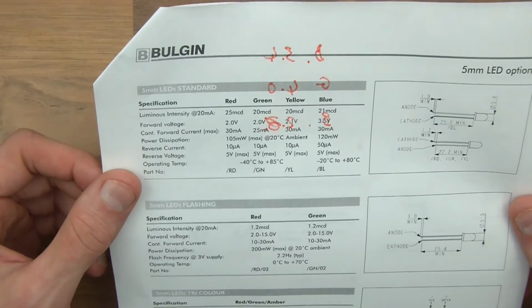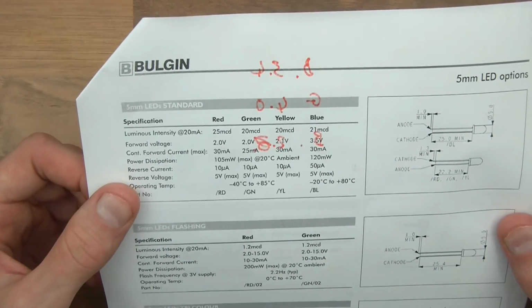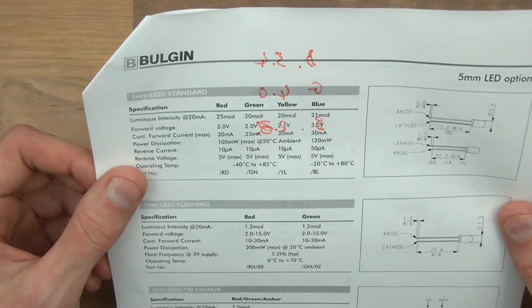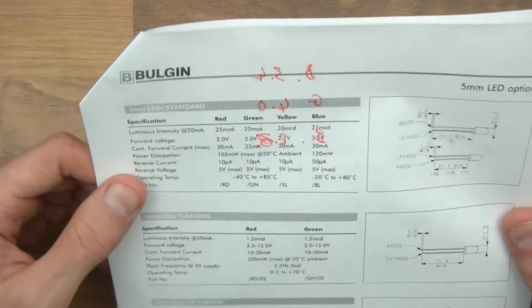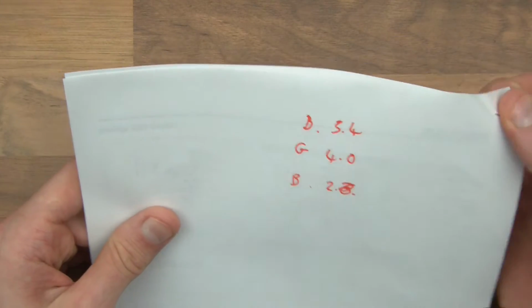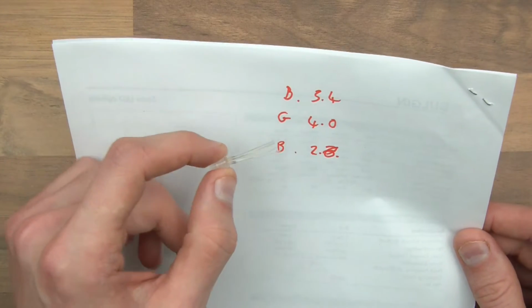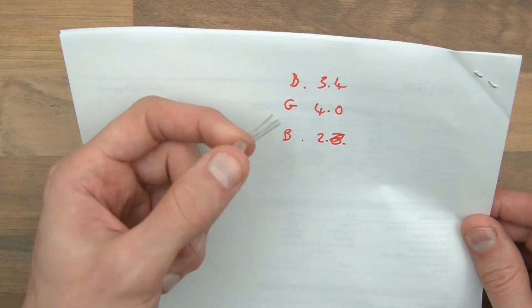And generally speaking, it's not a hard fact, but generally speaking, all red LEDs will probably be a lower voltage than green and yellow, and certain colours have their own differences, if you like. Anyway, so on the back of here I've written the forward voltages of this particular LED, and I'm not going to go into depth on how I found that because I don't have the spec sheet, but suffice to say I know the forward voltages of this LED.